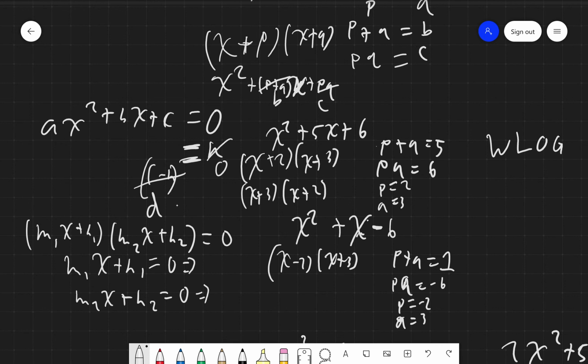Speaking of a quadratic, it's a linear factor times a linear factor. So now we solve this, we get x equals negative n1 over m1, and x equals negative n2 over m2. Those are the only two equations, since there's no other way to multiply to 0. So that's how you solve it, by factoring.